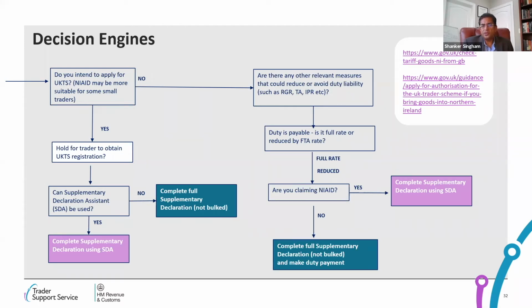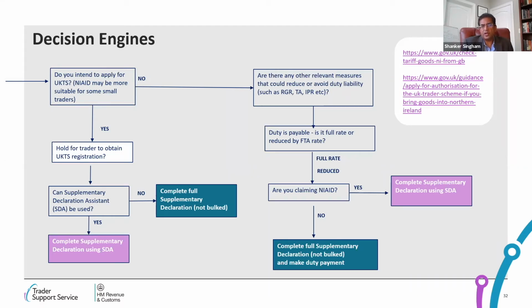Can you use other processes, other special customs procedures, such as inward processing (IP), outward processing, customs warehousing? There are lots of other processes, and essentially what you're trying to do there is avoid entering free circulation in GB.